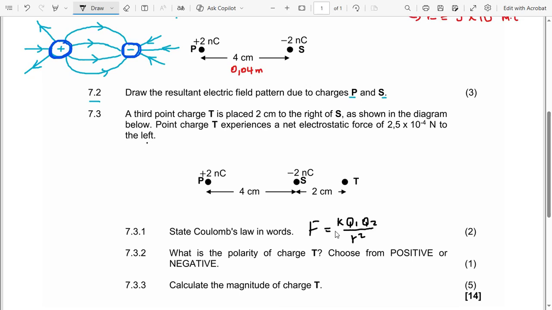The magnitude of the electrostatic force exerted by one point charge on another point charge is directly proportional to the product of the magnitude of their charges, meaning that F is directly proportional to Q1 and Q2.